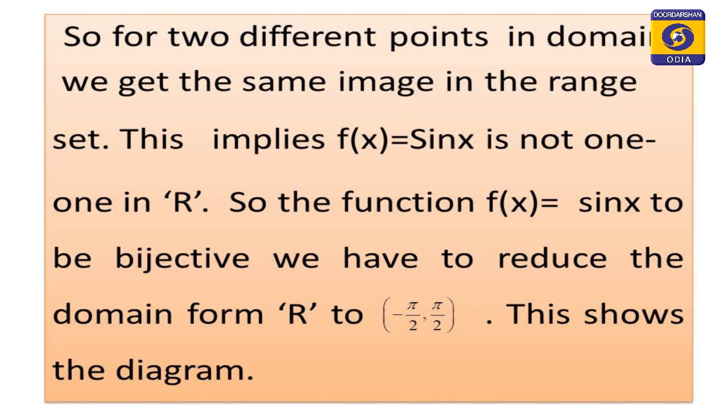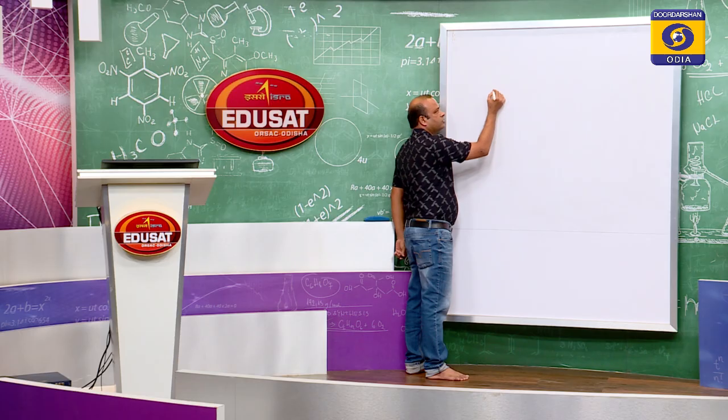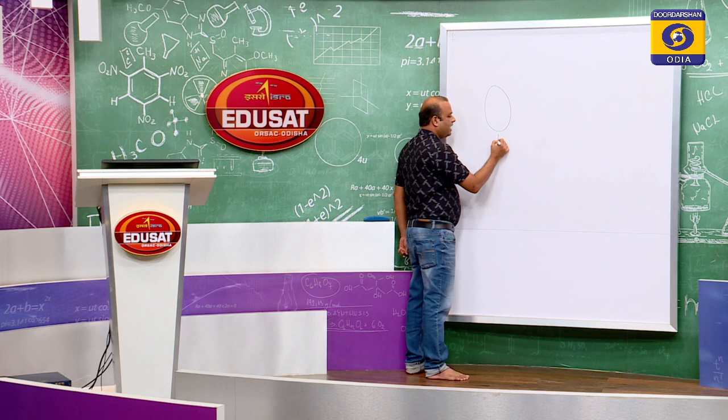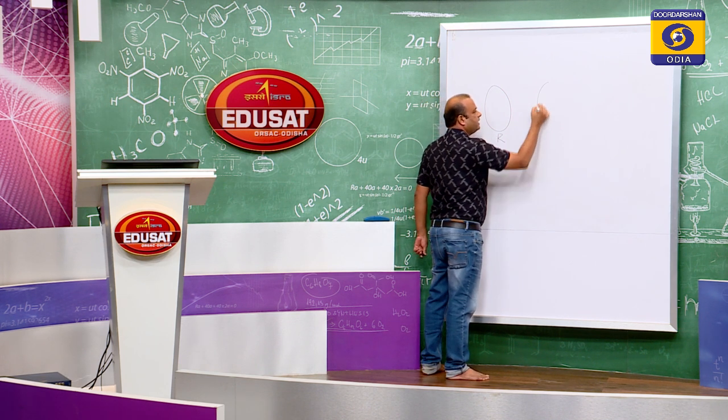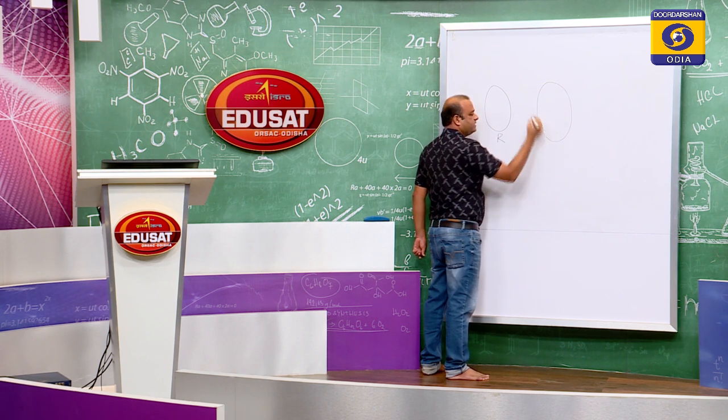So, our aim is to reduce the domain so that the function sin x is bijective. Let us take the figure like this. Suppose this is the domain R and this one is the range set.